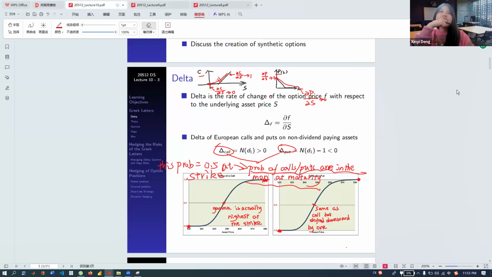Now you can see that when you look at call and put, the delta has the same shape. It's just that the delta of a call ranges from 0 to 1, whereas the delta of a put ranges from -1 to 0. So one is always positive, the other always negative.